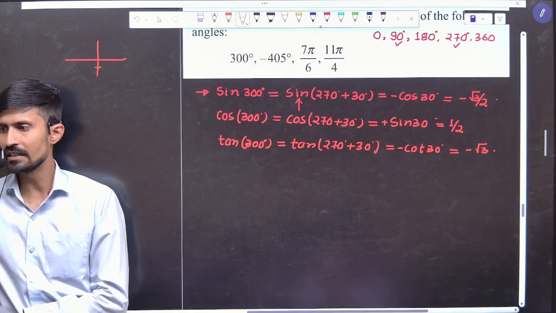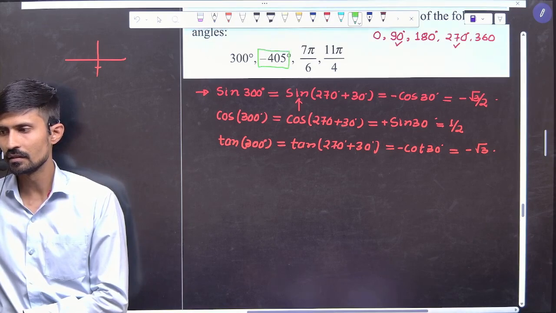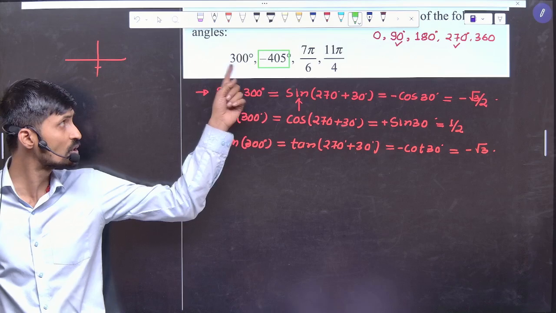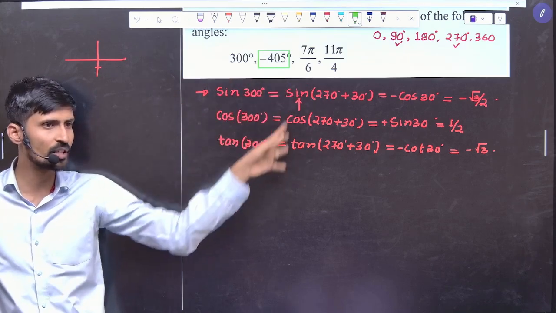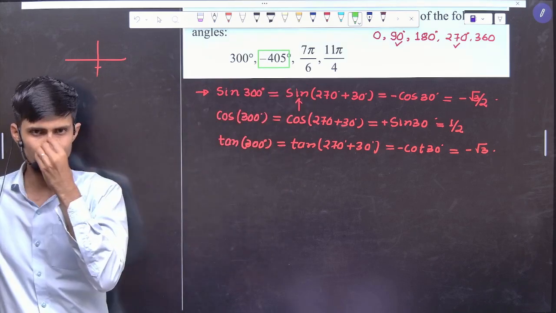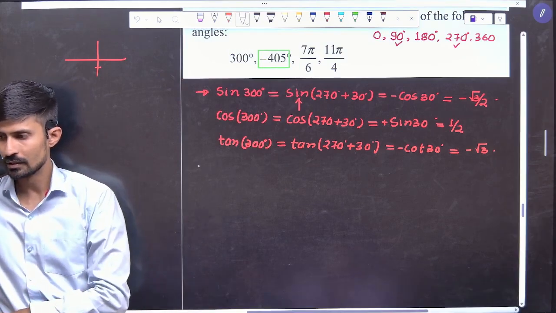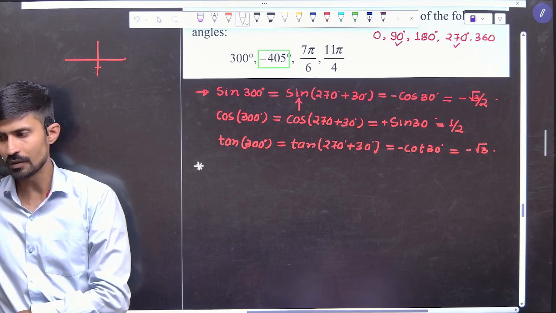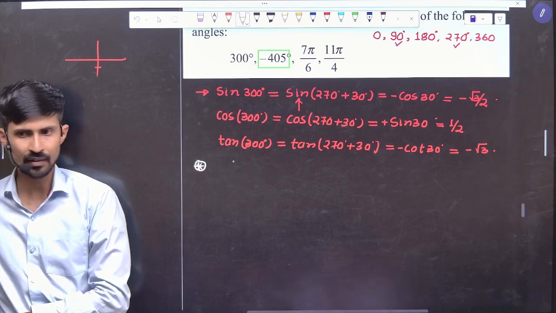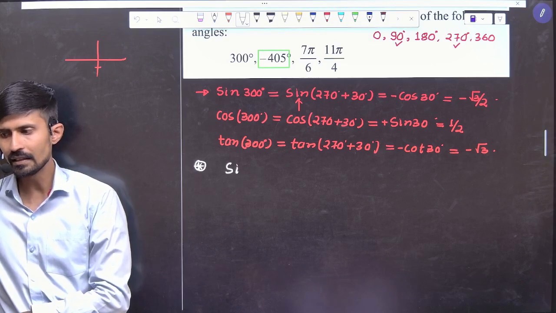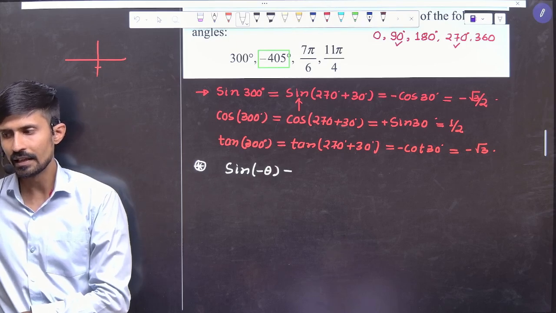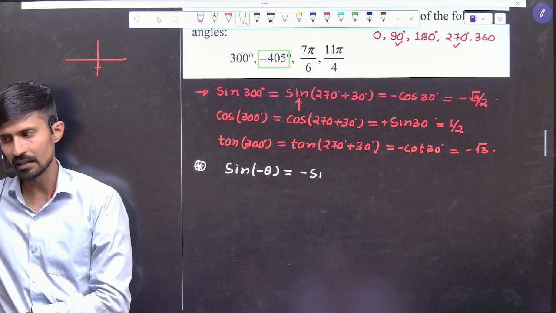Now can you see this is a negative angle? This is a positive angle. So for a positive angle, no problem. What will we do for a negative angle? Yes, you can think like that, but see this. Whenever sine minus theta is there, that will be minus sine theta.